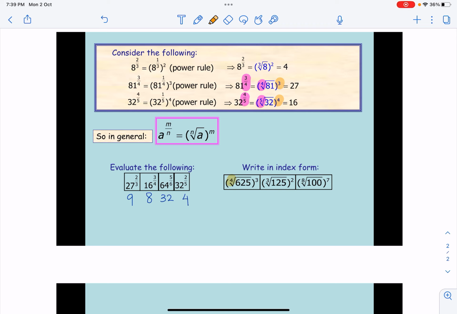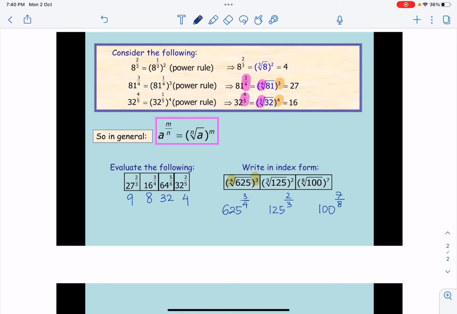And then 4 will be in the denominator. And then we are going to do power 3 on the answer. So numerator is 3. So here basically 625 power 3/4. The next one will be then 125 power 2/3. And the last question is 100 power 7/8.